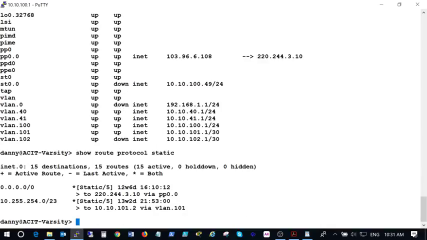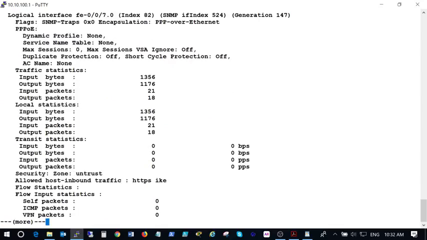Well, if we go to interface fe-0/0/7, I've got a dot 0 on that. Look at that there: encapsulation, PPP over Ethernet. So this is the physical interface that is associated with the logical interface pp0.0.